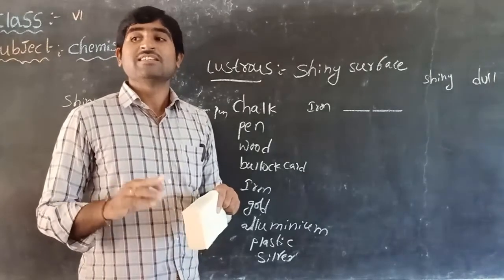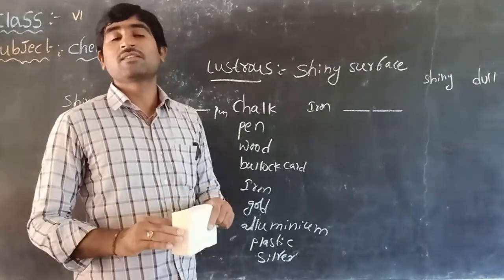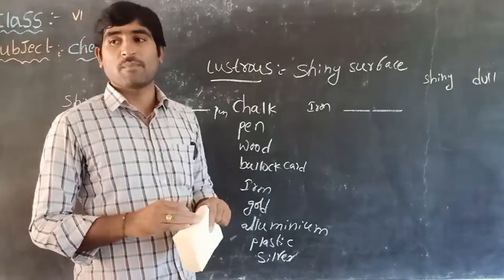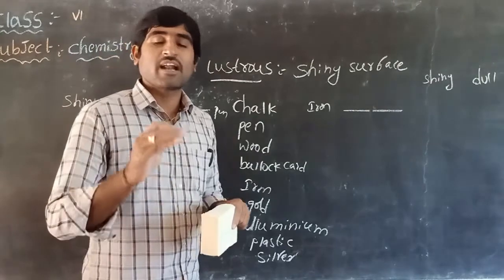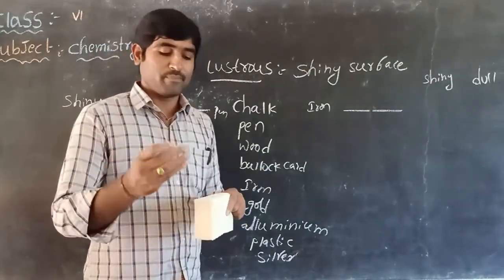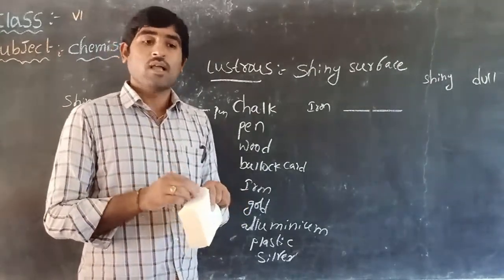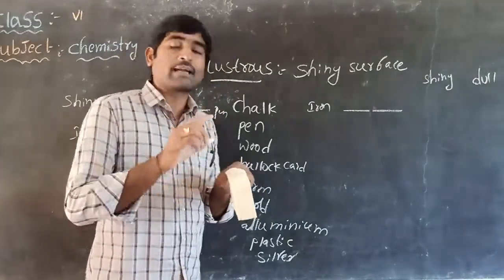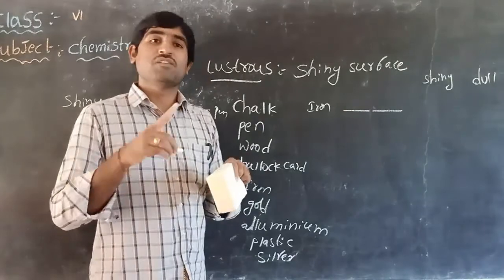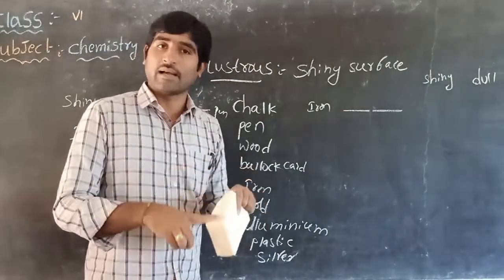Understood, children? Scratch the material with a sandpaper. After scratching your material with the sandpaper, observe at the freshly rubbed surface of the material whether it has a shiny surface or not.